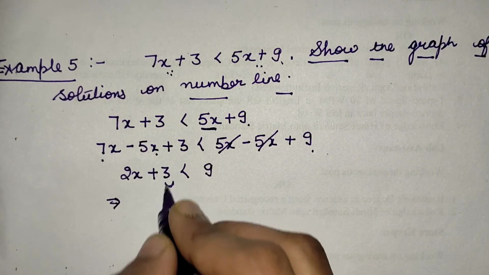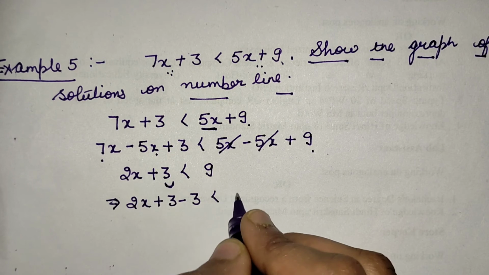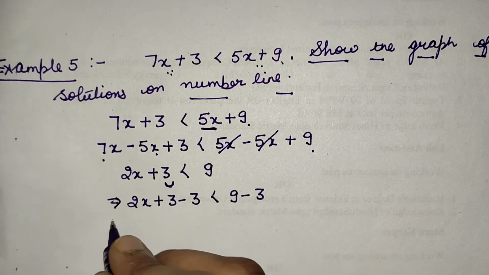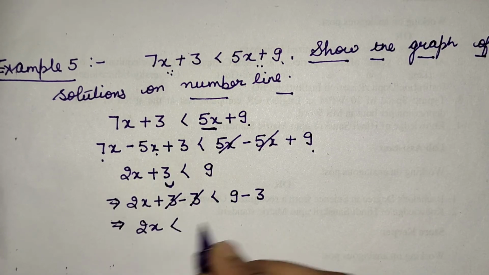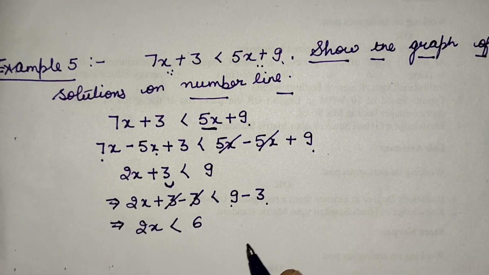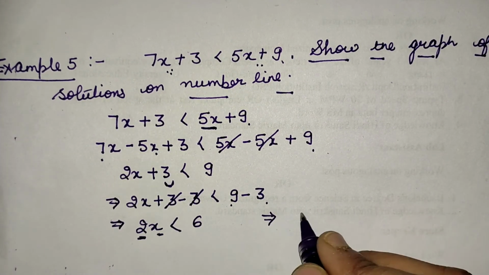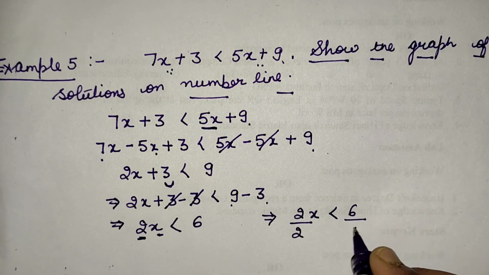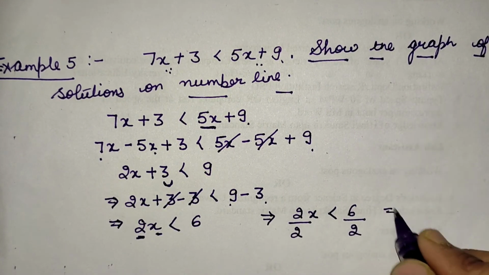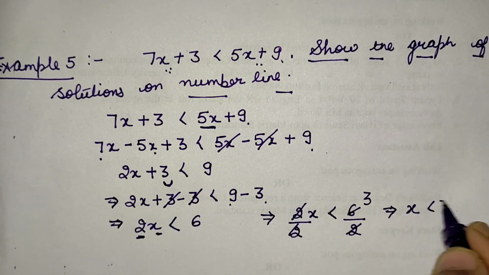Now I want to remove this 3 from both sides: 3 minus 3 is less than 9 minus 3. So the 3 and 3 will get cancelled out, and 9 minus 3 will give me 6. Now I will divide the complete inequality by 2 on the left hand side and the right hand side. So I will get x is less than 3.